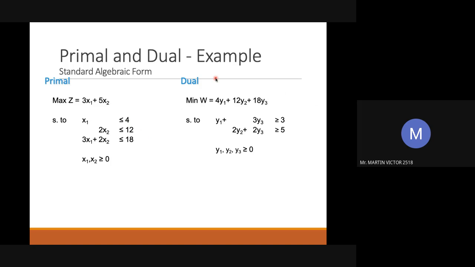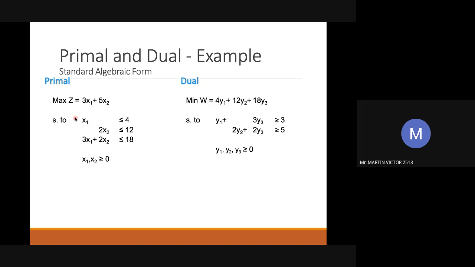Now, subject to, when we are writing our constraints, again it is very easy to understand. In our primal problem, it is given as x1 less than or equal to 4, then the second one, and then the third one. What we are going to do here is take the values column wise and write them as a row.